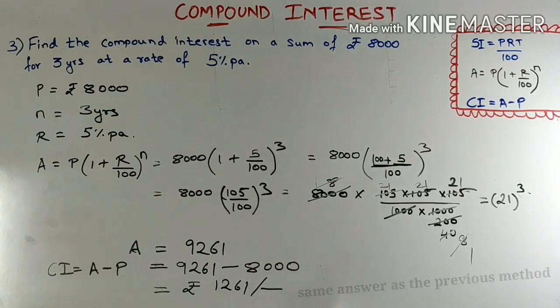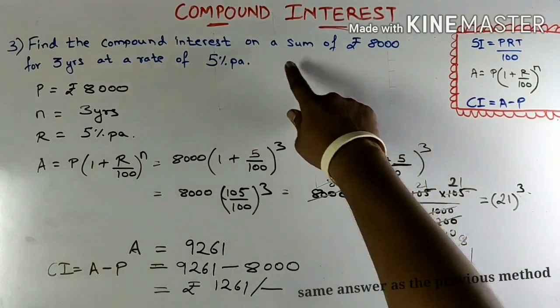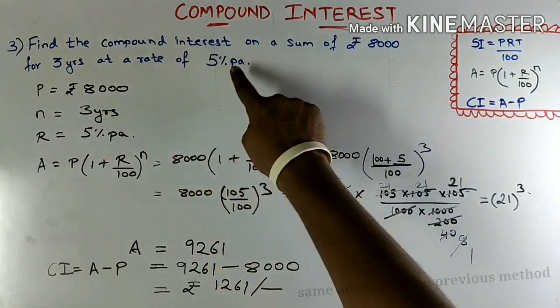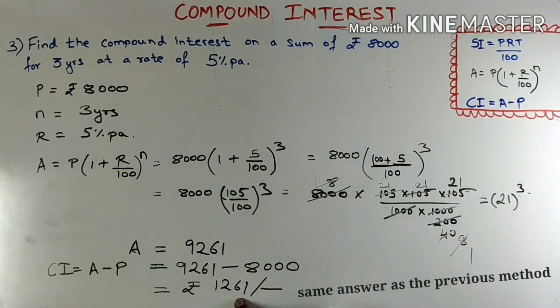So the final statement of this problem will be: the compound interest on a sum of rupees 8,000 for 3 years at a rate of 5% per annum is 1,261 rupees. I hope this sum is clear.